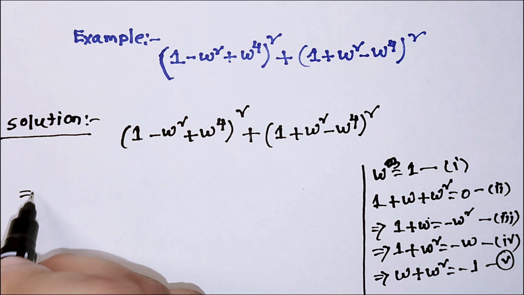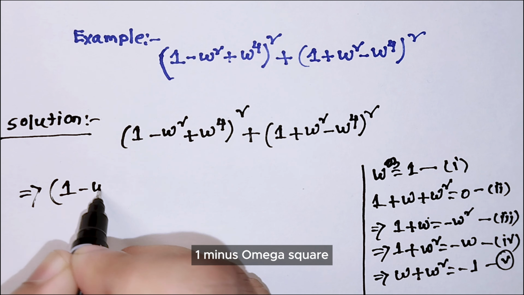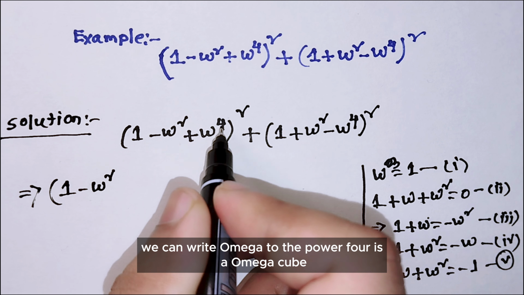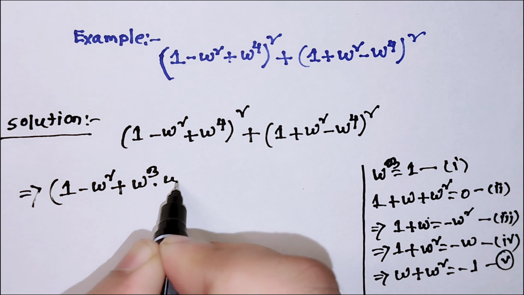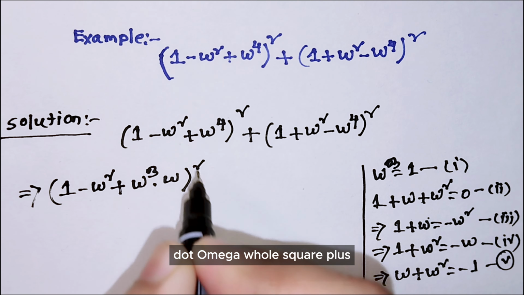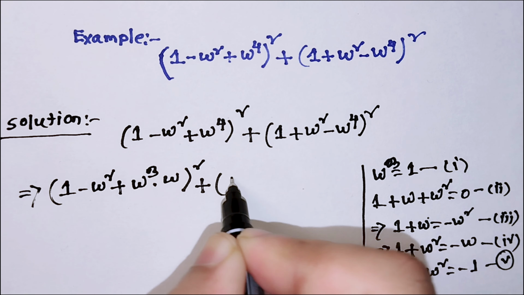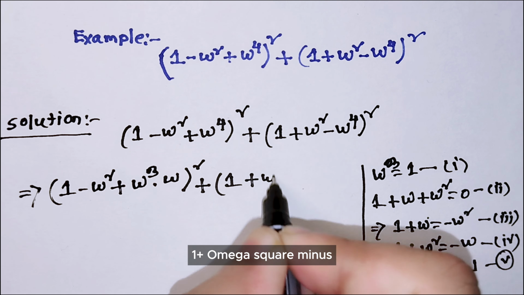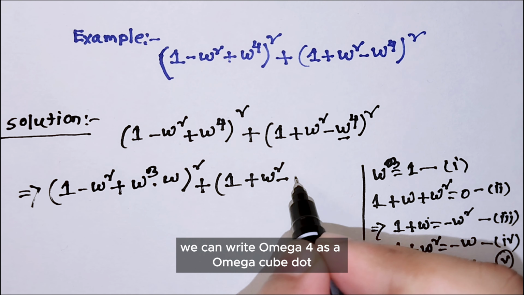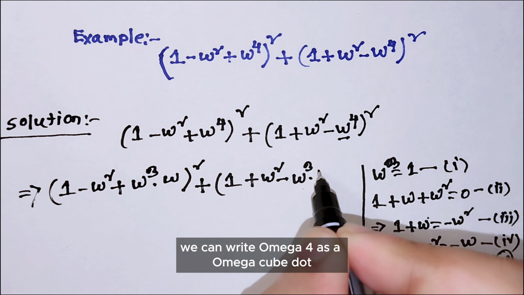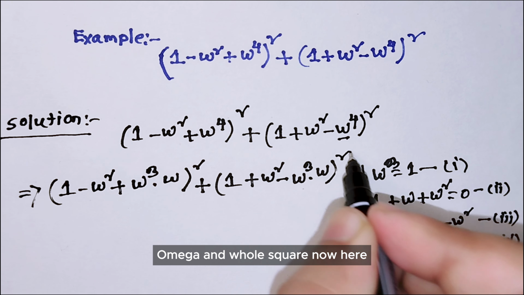Now, in 1 minus omega square plus omega to the power 4, we can write omega to the power 4 as omega cube dot omega, whole square, plus 1 plus omega square minus omega to the power 4, which we can write as omega cube dot omega, whole square.